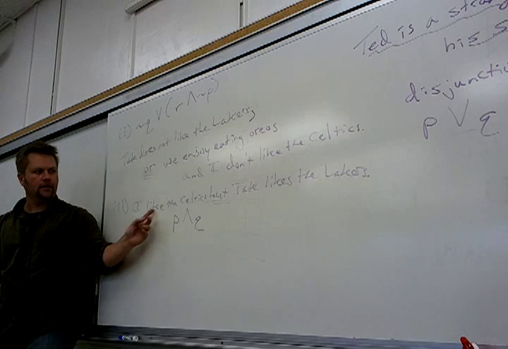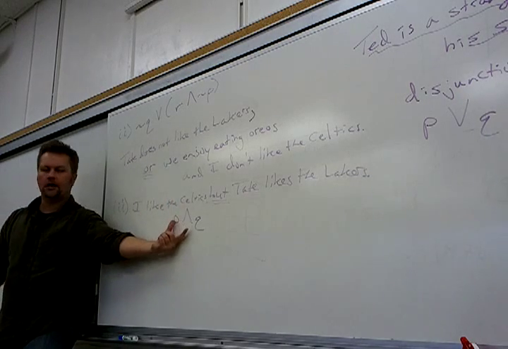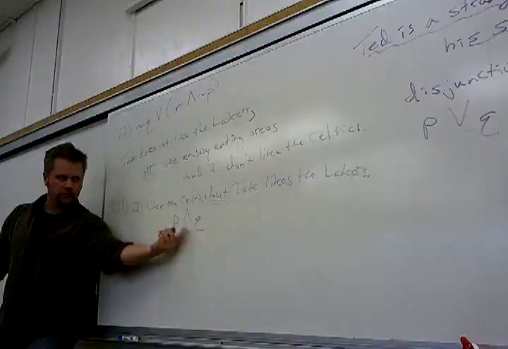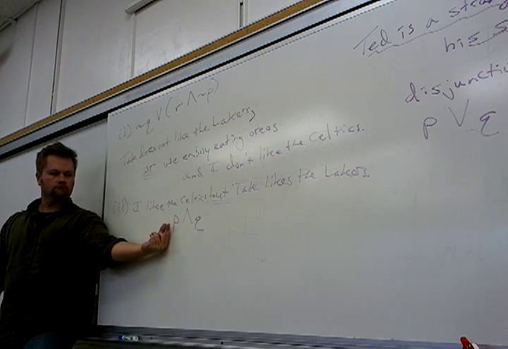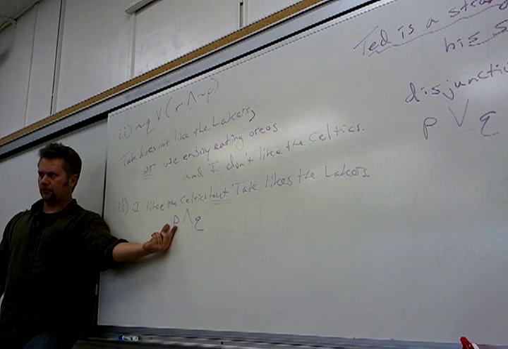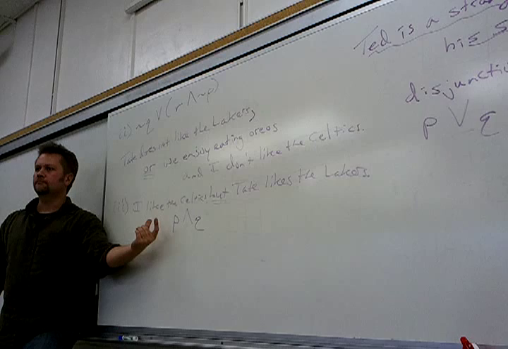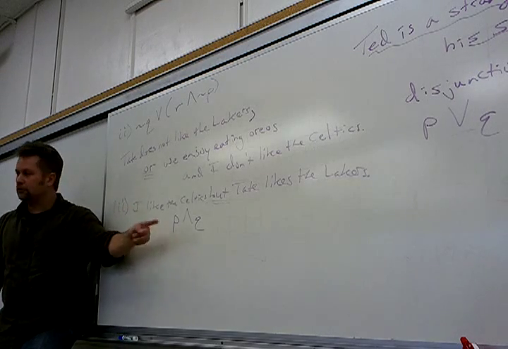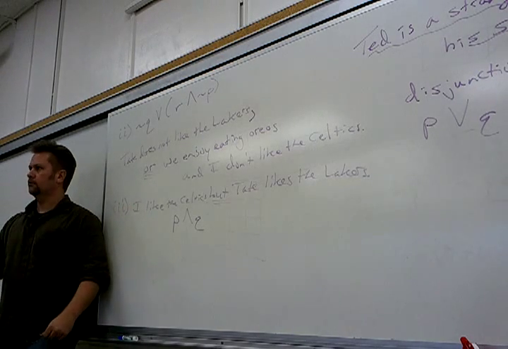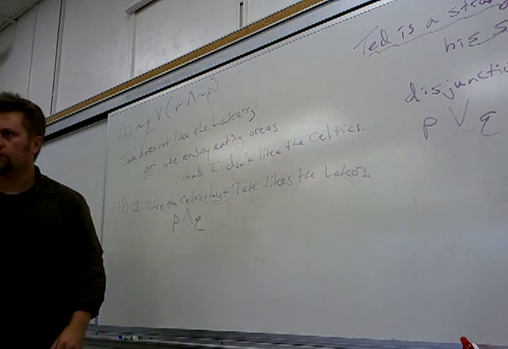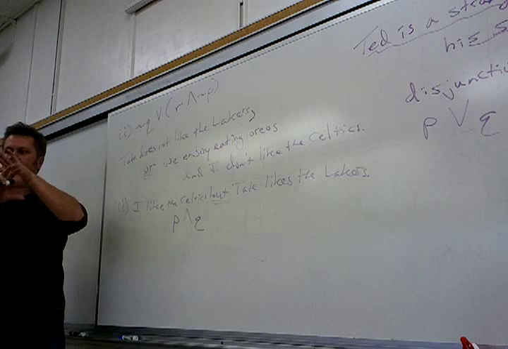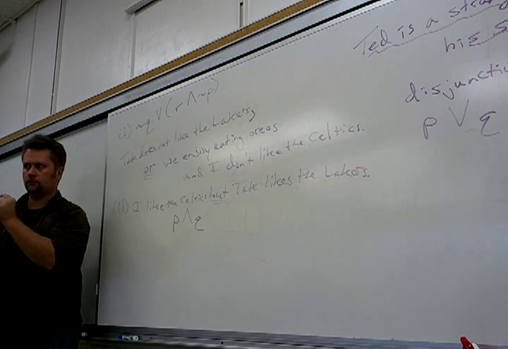So obviously, I like the Celtics, but Tate likes the Lakers is compound because it requires 3 symbols, right? But I like the Celtics, 1 symbol. That's simple, right? I don't like the Celtics, compound, requires 2 symbols, not P. Okay. So compound is more than 1 symbol. Simple is just 1 symbol. Okay. Fine. Cool.